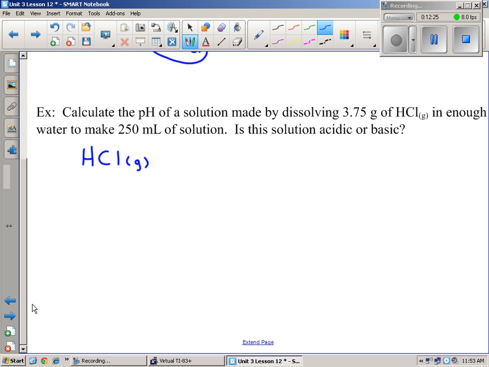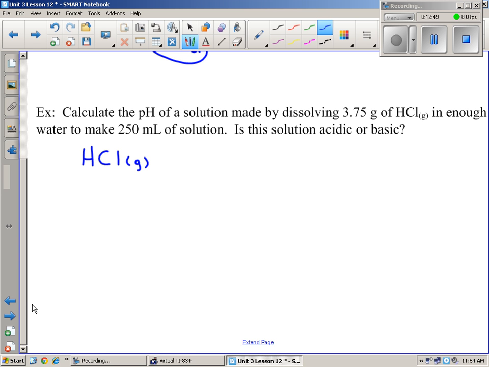If you're confused, well, I'll fix it for you right now. HCl is not an acid until you put it into water, because then HCl can ionize. So, should I measure the pH of this? And the answer is no.